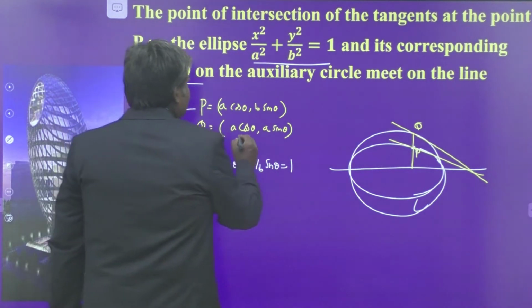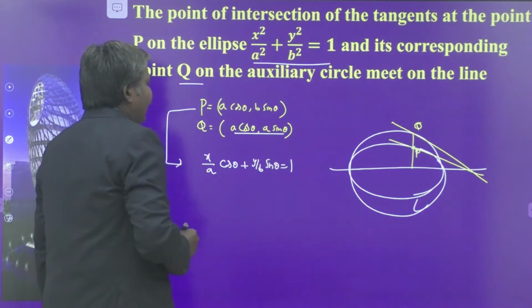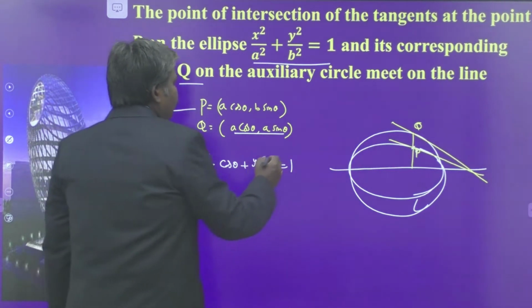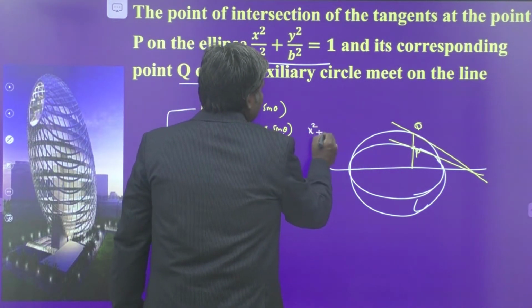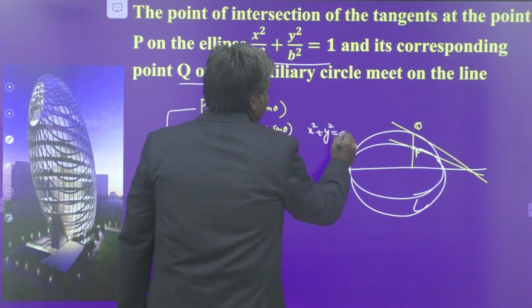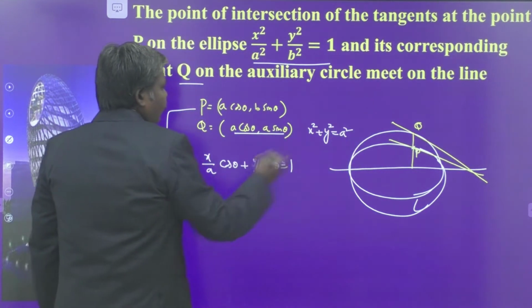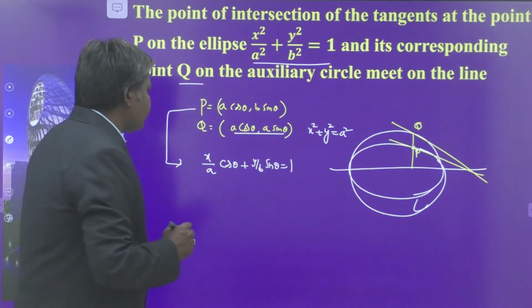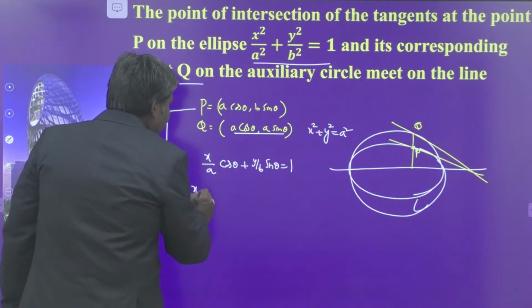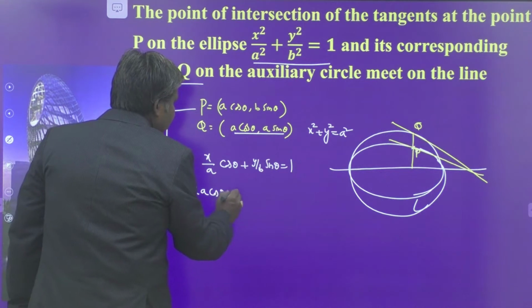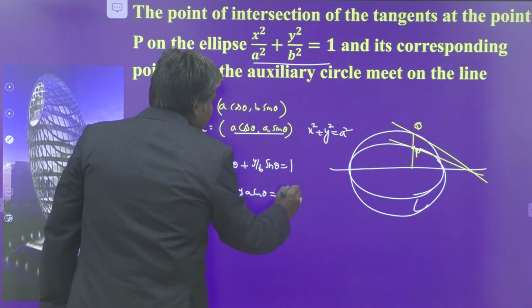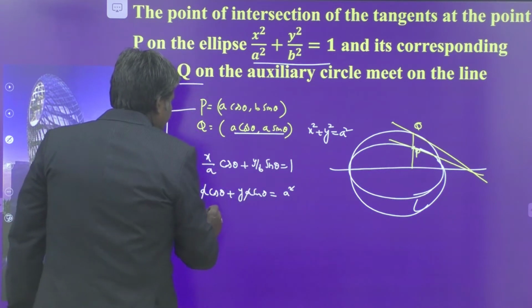What is the equation of tangent at a cos theta comma a sin theta? S1 equal to 0 with respect to the circle x square plus y square is equal to a square, because the equation of the auxiliary circle is x square plus y square is equal to a square. x into a cos theta plus y into a sin theta is equal to a square. a gets cancelled.